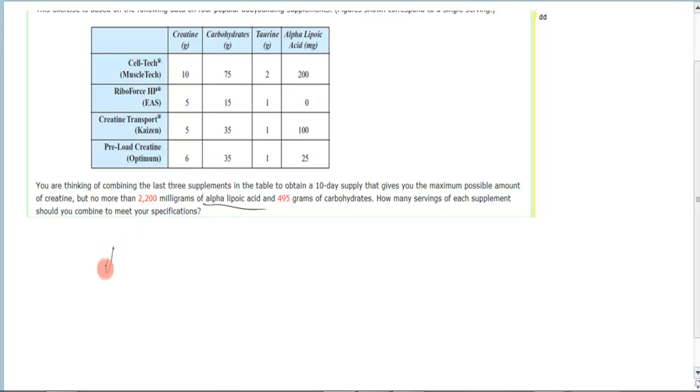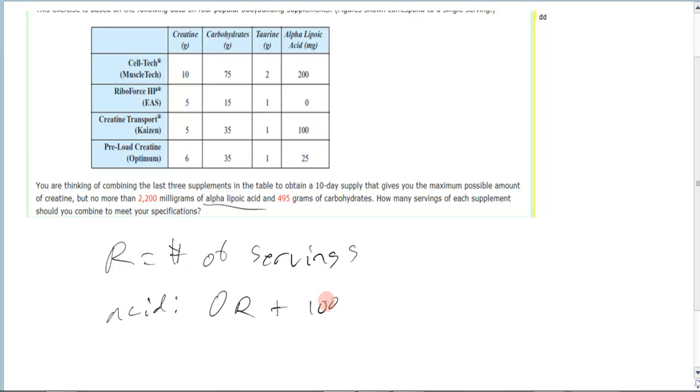So if I define R to be the number of servings, how much of the acid is it going to have in it? Well, 0 from R, plus for each serving of creatine, I'd have 100 milligrams per serving of this creatine transport.